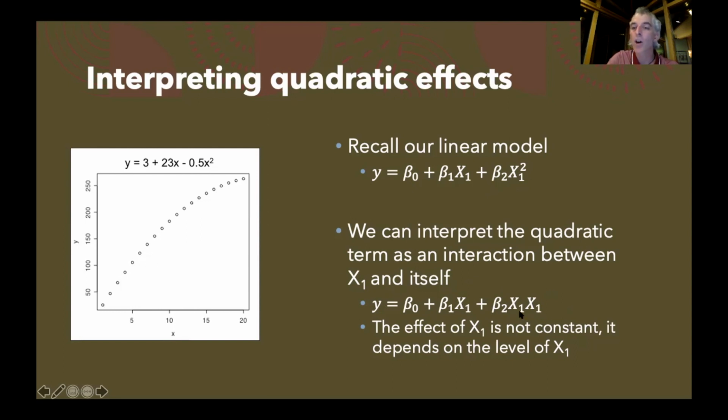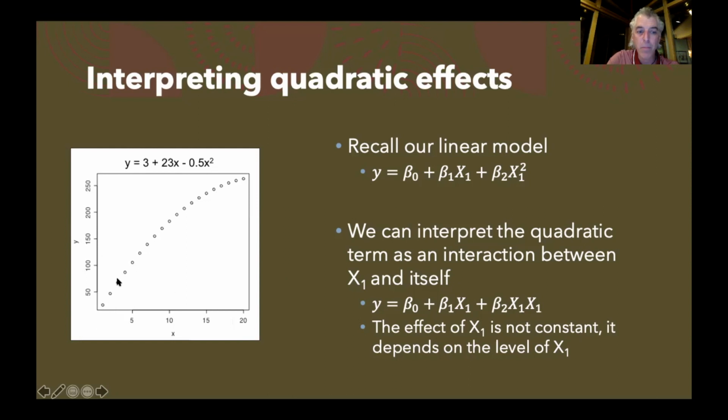It depends on the value of x. So let's slow this down a little bit. The effect of x on y is not constant, meaning the slope of this relationship is not constant. It depends on where we are along this x-axis.